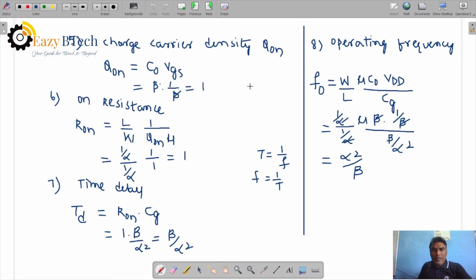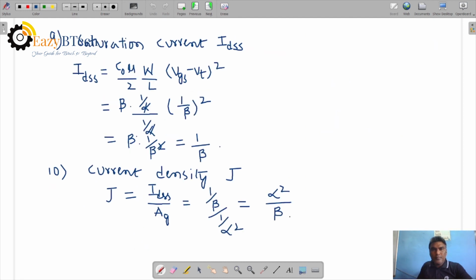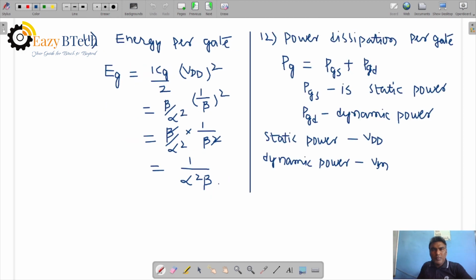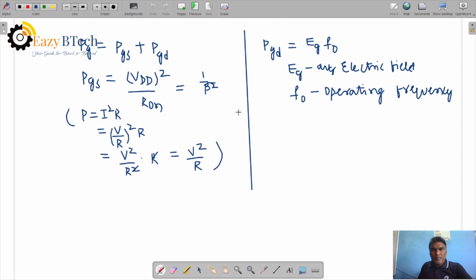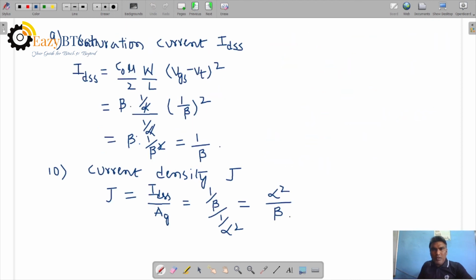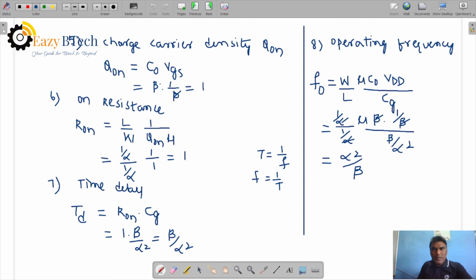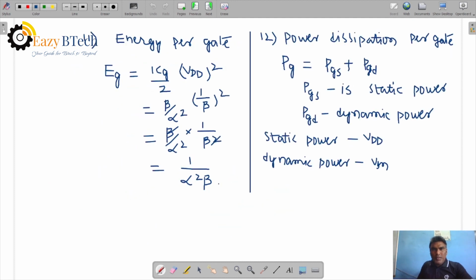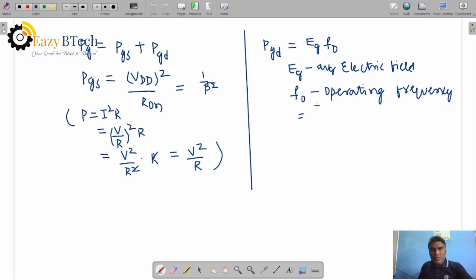F naught is scaled by alpha square by beta. So both are scaled by 1 by beta square.